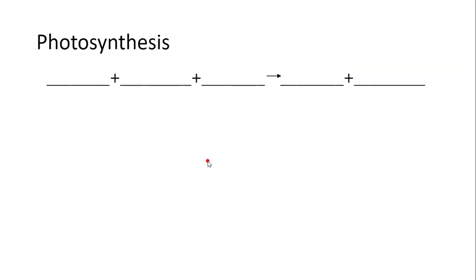So our equation for photosynthesis, again, a review from a few units ago, but it is very important. Everything to the left of the arrow are the reactants. So this is what the plant needs to bring in. 6 molecules of carbon dioxide, 6 molecules of water plus sunlight yields 1 molecule of glucose, which is C6H12O6, and then 6 molecules of oxygen.